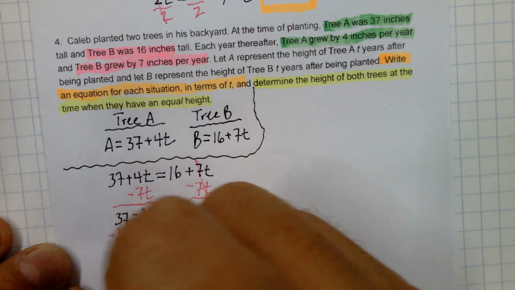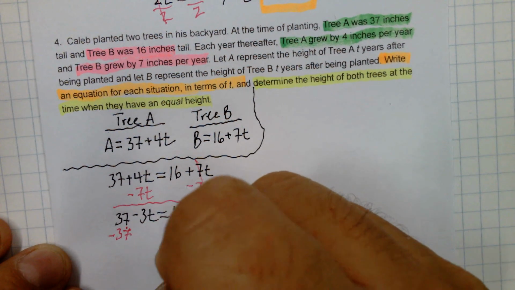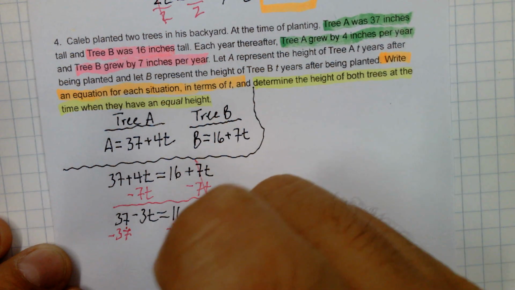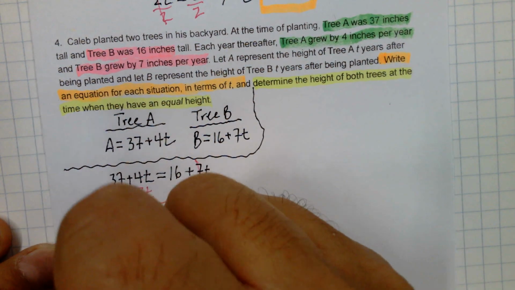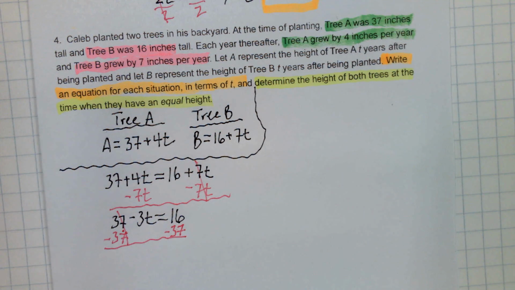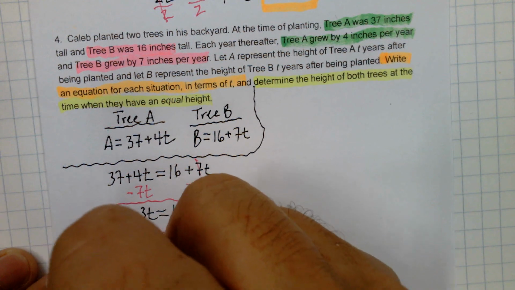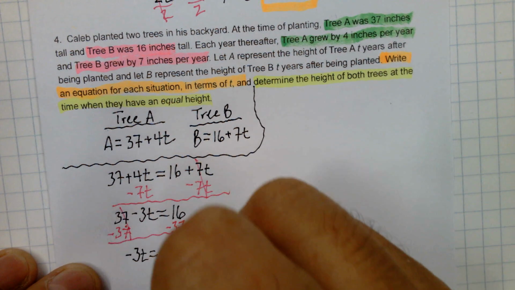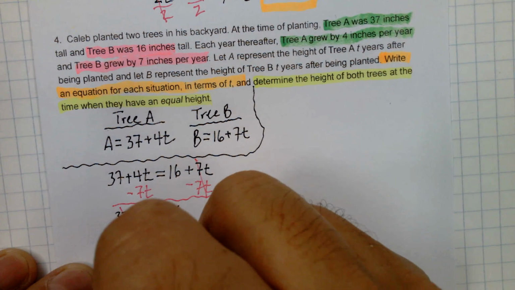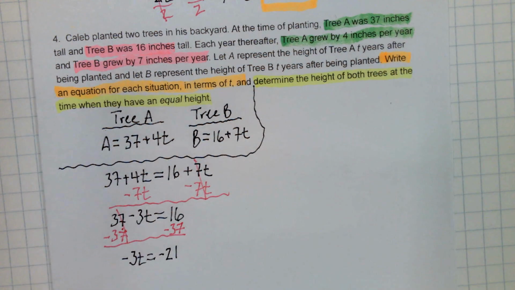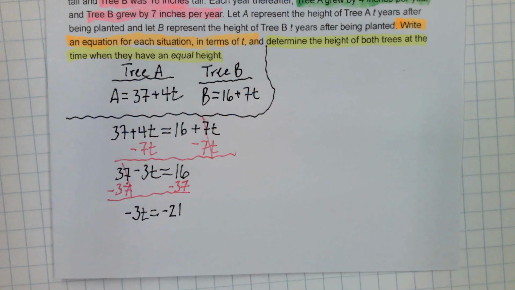Does it matter if we first take away the 4t or 7t? Not really, other than if you take away the 4t, you would have variable on the right at the end. So if that doesn't bother you, then either way, you get the same answer. So negative 3t equals negative 21. And we'll divide by negative 3.